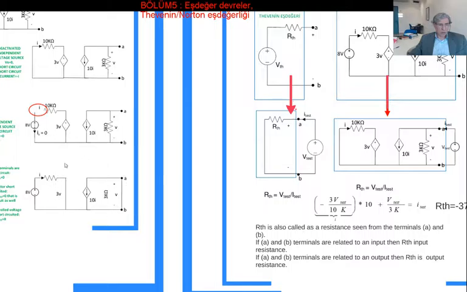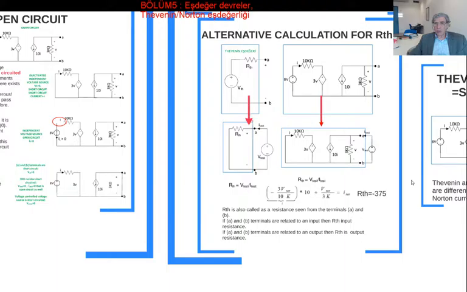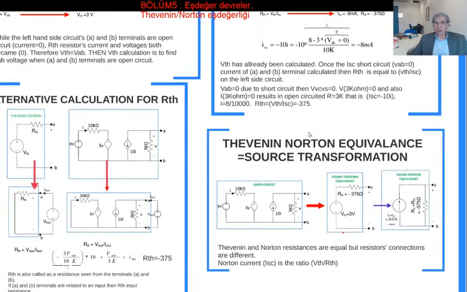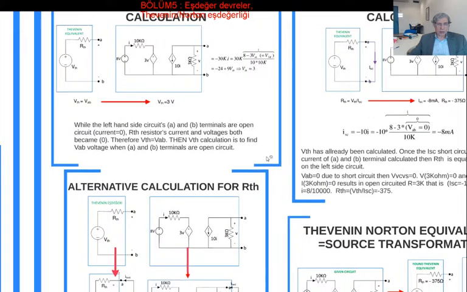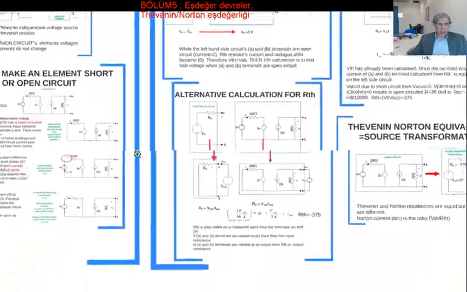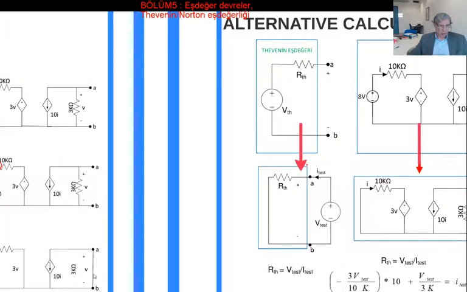So to analyze this circuit, what we are going to do is this. ISC is equal to 10I. ISC is the current of the dependent current source. So ISC is in that direction and this is in that direction.